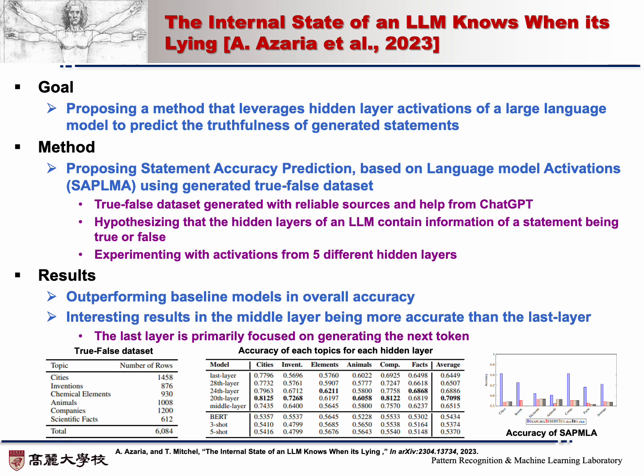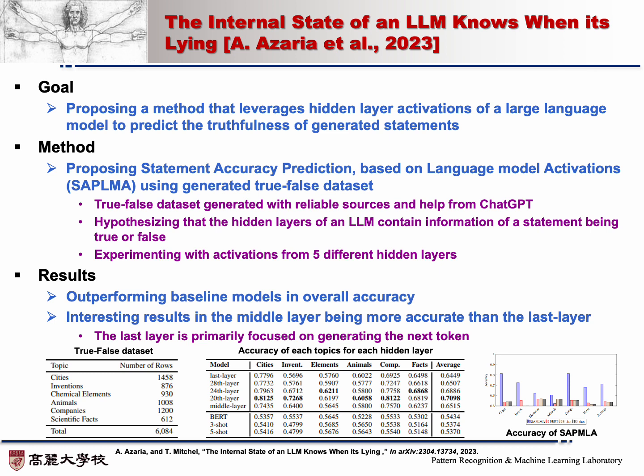To achieve this, the researchers introduced the statement accuracy prediction method, or SAPLMA for short. They developed a true-false dataset with reliable sources and the aid of the infamous ChatGPT.